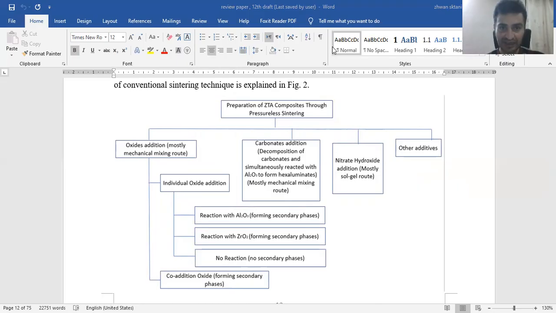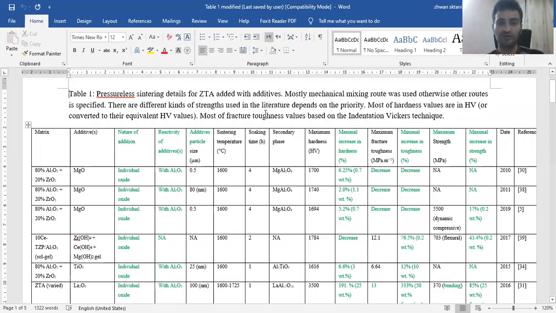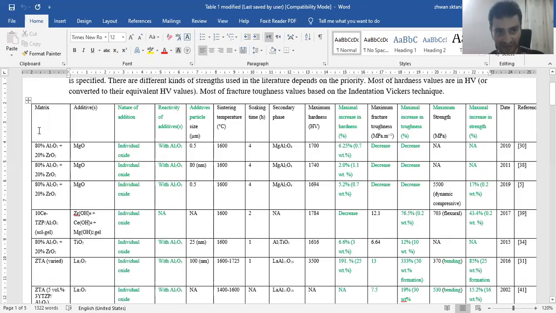Let us see the table. For example, all of this writing, 25 pages, only for one section, now we summarize it in this table. In this table, we have matrices, additive, nature of addition, individual, co-addition, and so on. Reactivity, how they reacted with alumina or zirconia, or none of them.